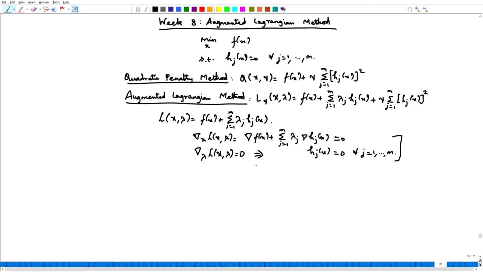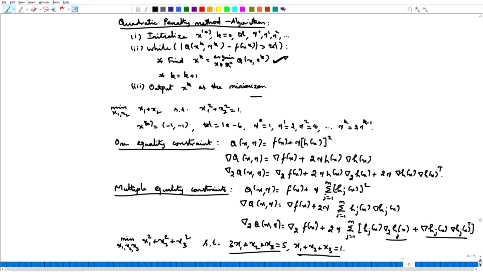So, if you recall the quadratic penalty method, we have a step where we minimize q of x comma gamma with respect to x. Instead, what we will do here is minimize L gamma of x comma lambda with respect to x, for a fixed value of gamma and a fixed value of lambda. Let me indicate that here.